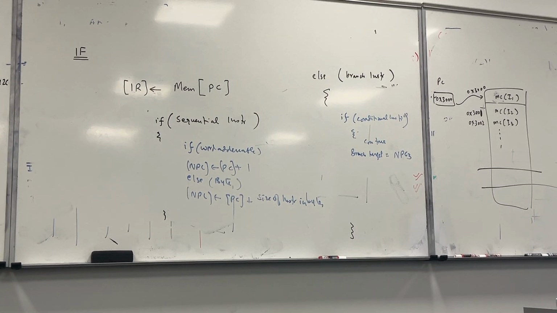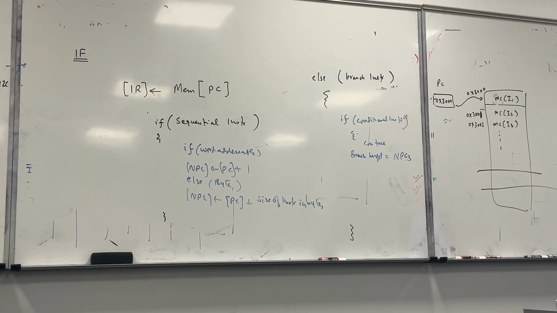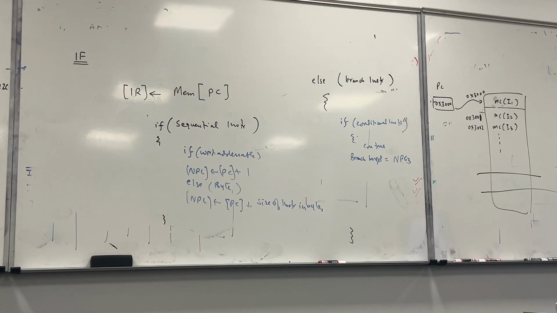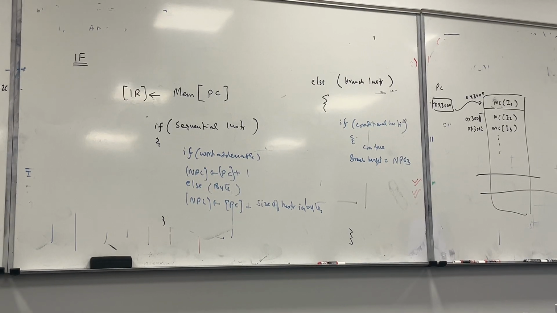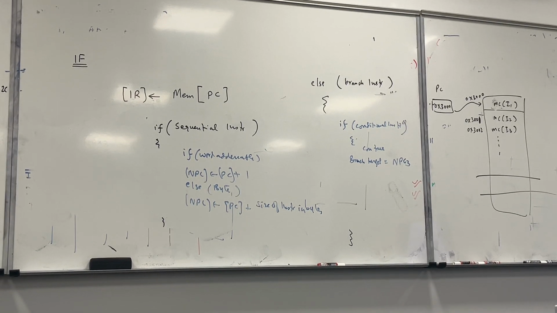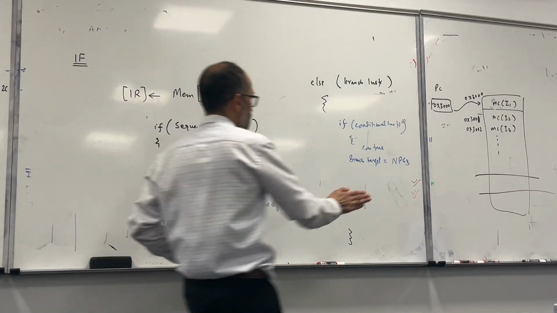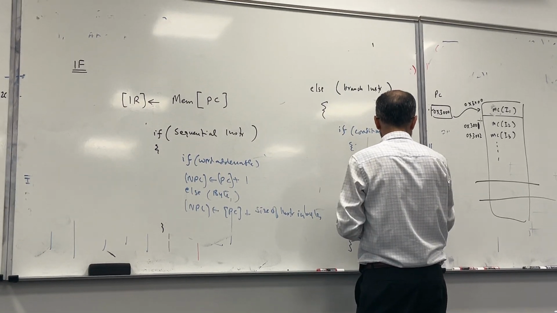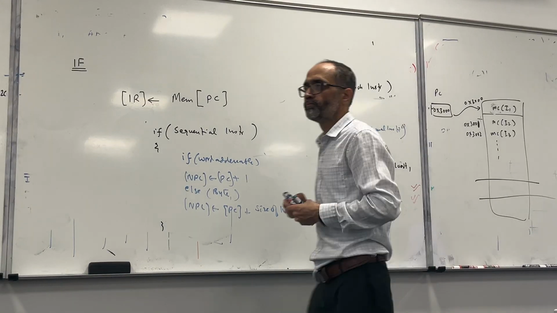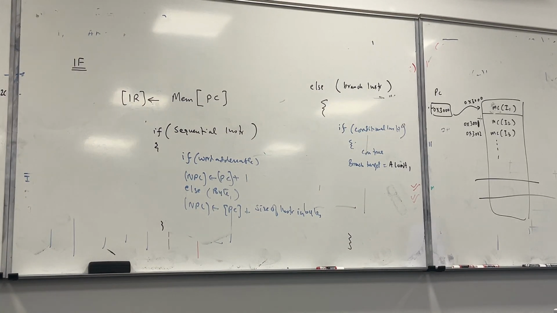And please remember this is very important. This is coming from here. This is ALU out 1. This is not NPC3, this is actually ALU out 1, because it's coming from here. And if the condition is true, this will give me your marks.